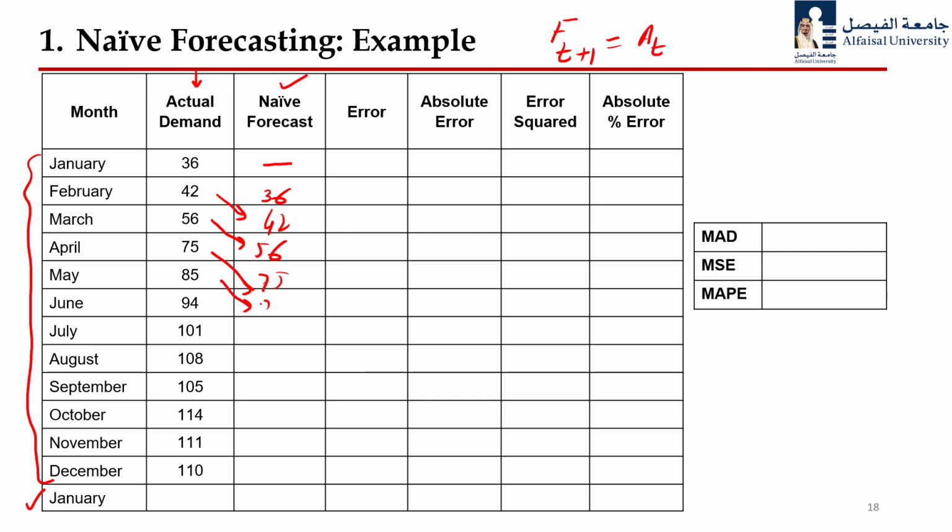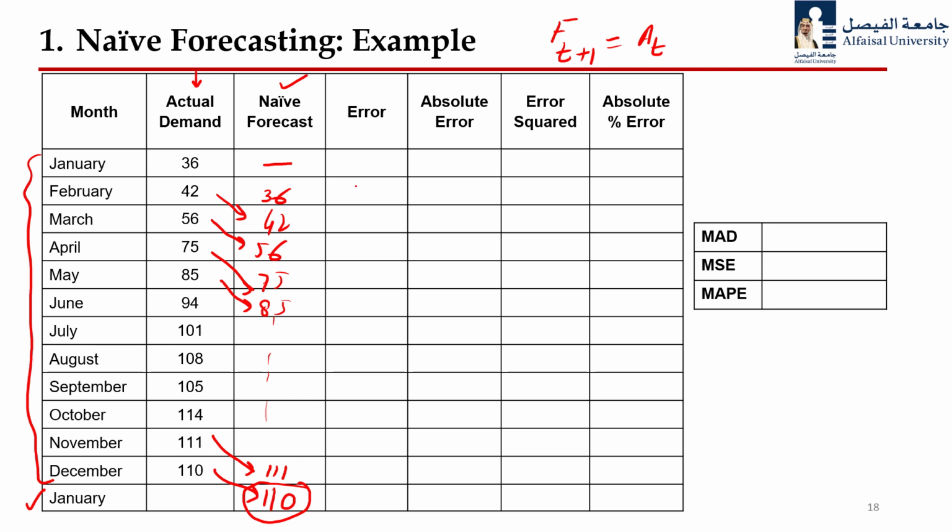For June, it is going to be 85, and so on. Similarly, for December, it is going to be 111, whereas for the next year's January, it is going to be 110. That is a one period ahead forecast value. So the naive forecasting method says that the demand for next year's January would be equal to 110.